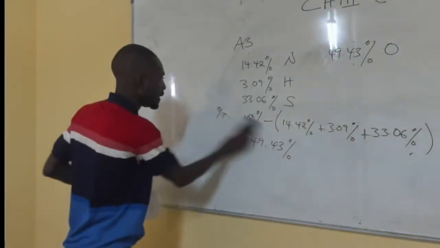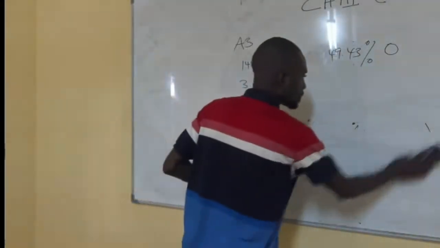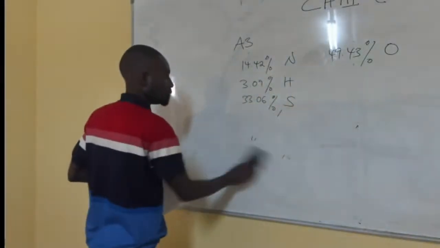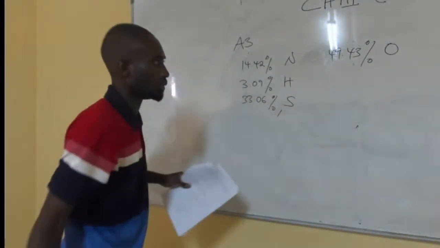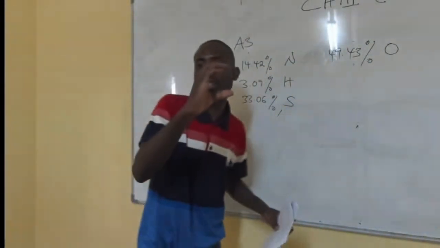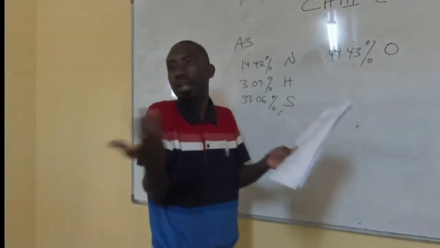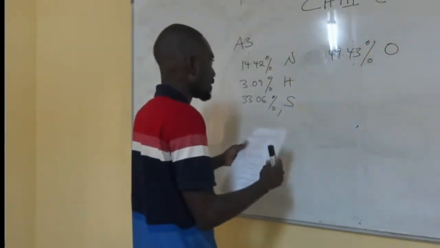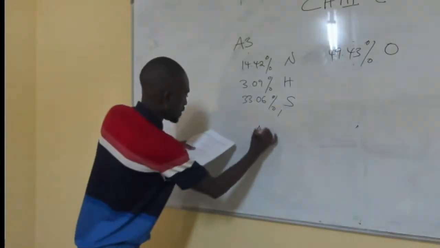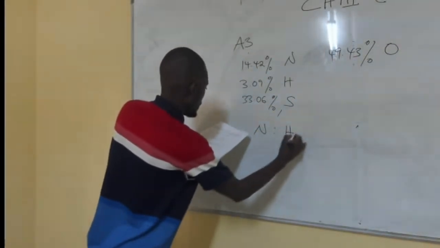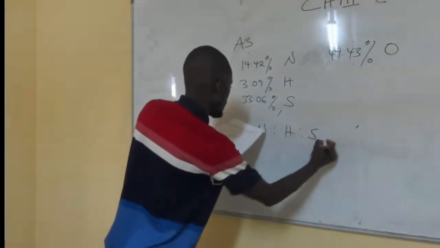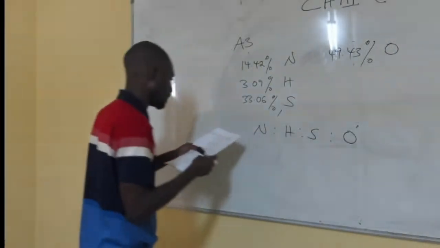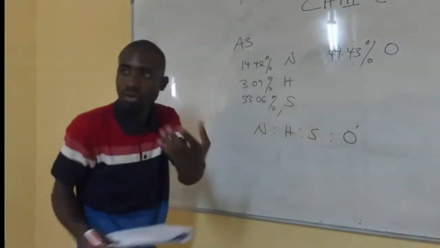So we can erase this part. We now have this one. As you all know, there are very few steps on finding the empirical formula, which cannot complicate things. So you have the N, H, S, O, okay? Then you pick now your percentages.